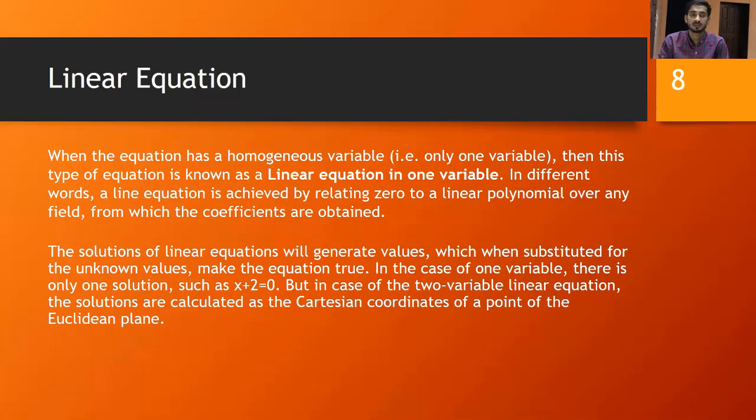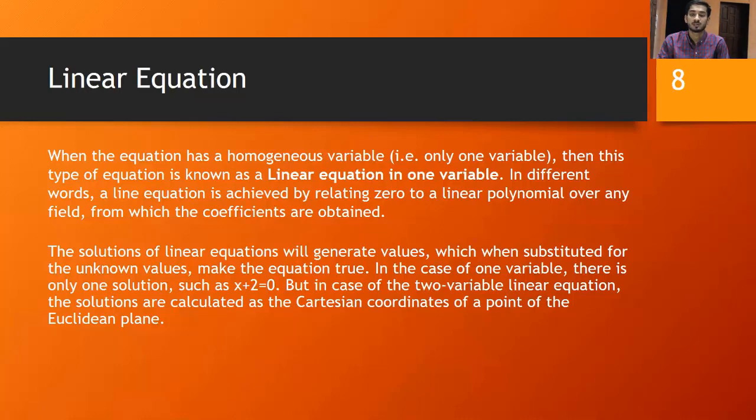In different words, a linear equation is achieved by relating 0 to a linear polynomial over any field from which the coefficients are obtained. The solution of linear equations will generate values which, when substituted for the unknown values, make the equations true.